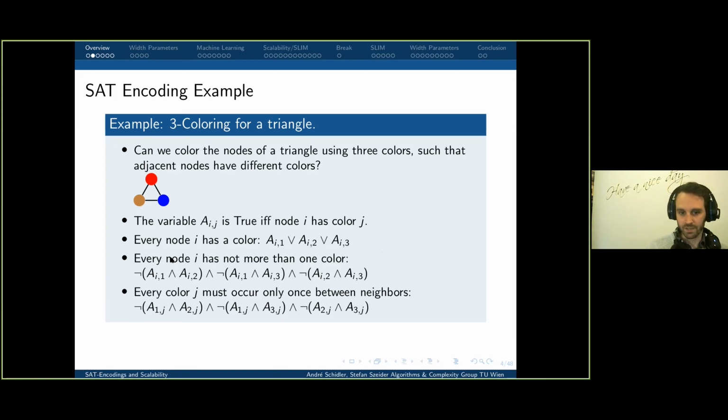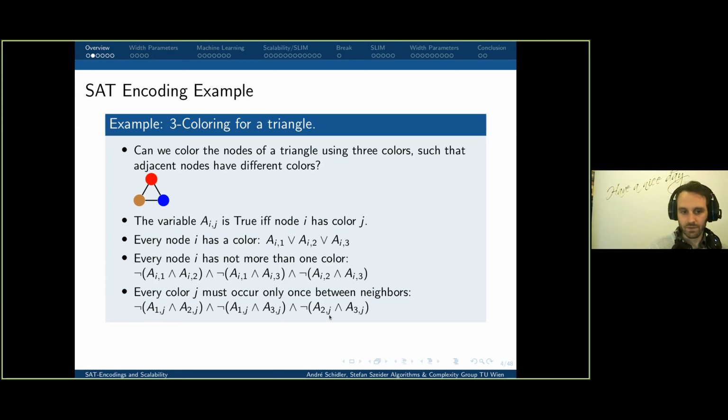We have to make sure that they have not more than one color, so we have to exclude the possibility that any two colors occur. So we say the node has not color 1 and 2, the node has not color 1 and 3, and so on. And for each color, we also must ensure that for each edge, the color isn't given to both endpoints. So for the color j, we say 1 and 2 is an edge, so they must not have the same color, and the same for 1, 3 and 2, 3.